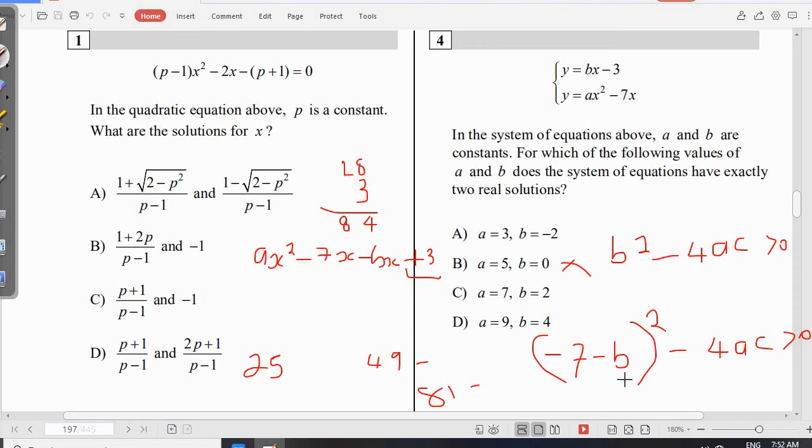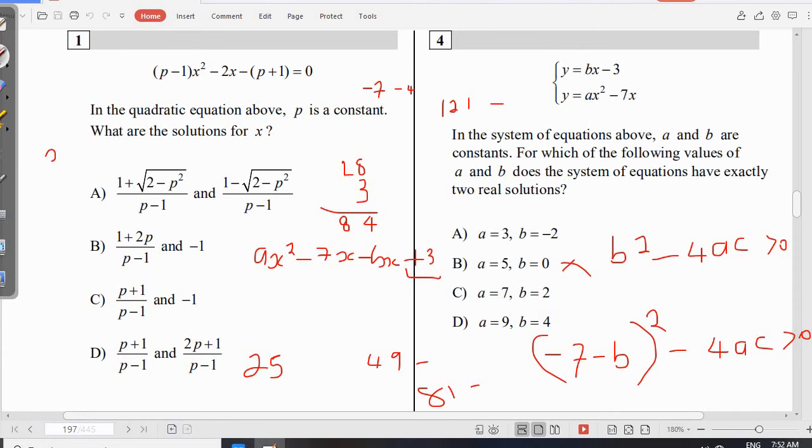Let's try the last one. 9 and b equal to 4. So minus 7 minus 4 is minus 11, and minus 11 squared is 121. Now 9 times 4 is 36. 36 times 3.